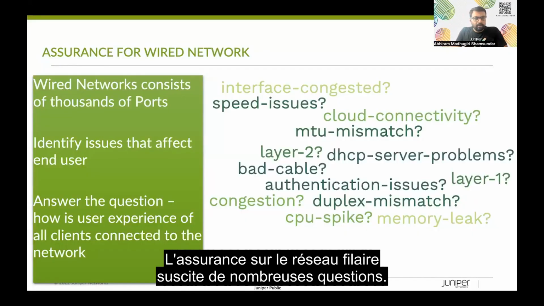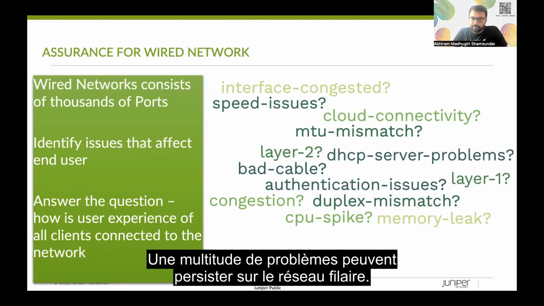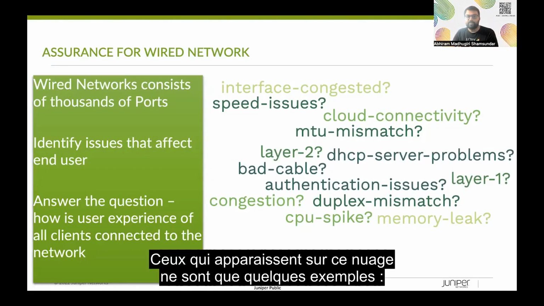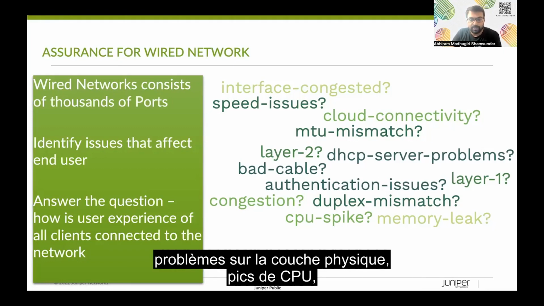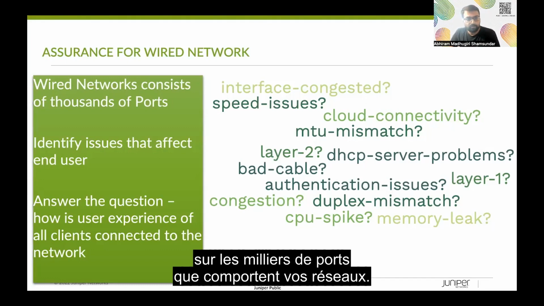There's a lot of ask about, do we need assurance on the wired network? Is there an actual need? There's a host of problems that can persist on the wired network as well. And these are just a subset that you see in the word cloud here. Congested interfaces, speed issues, negotiation mismatches, bad cables, physical layer one issues, CPU spikes, congestion on your network, many multitudes of issues, and these are run across thousands of ports that you run in your networks.